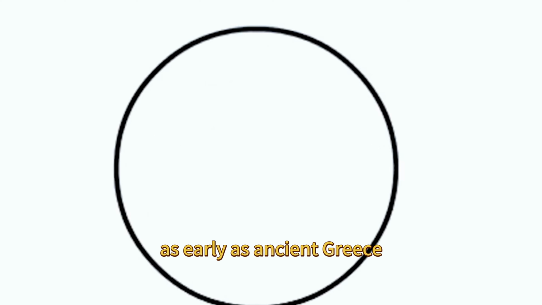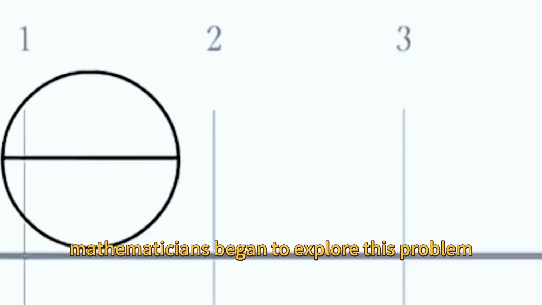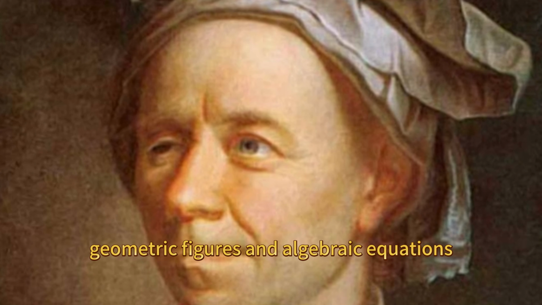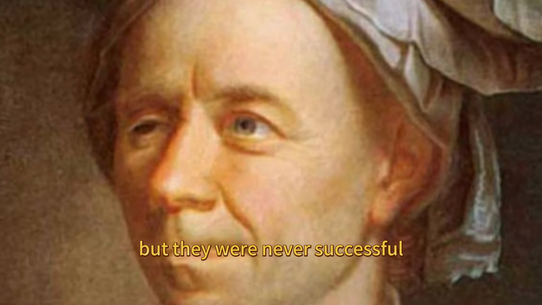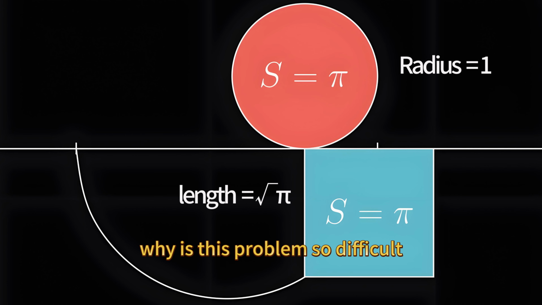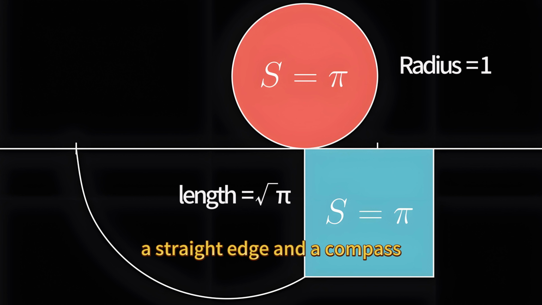As early as ancient Greece, mathematicians began to explore this problem. They attempted to find a solution through the properties of geometric figures and algebraic equations, but they were never successful. Why is this problem so difficult? The key lies in the tools we use for construction, a straight edge and a compass.